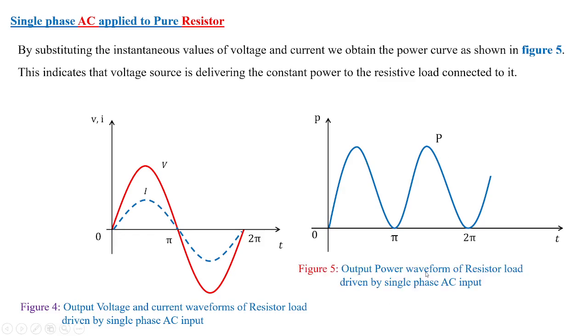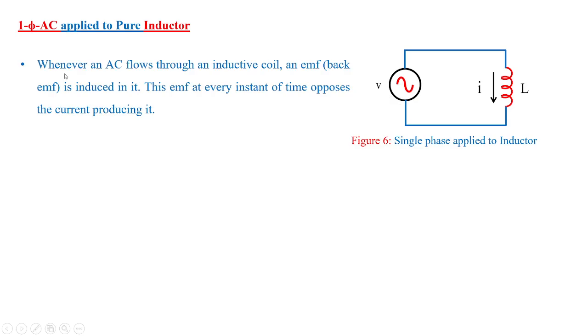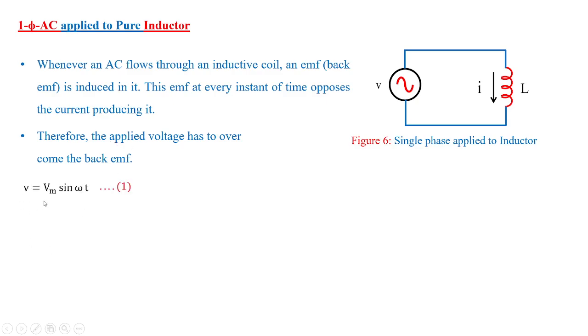Now, once we are done with the pure resistor, let us focus on the pure inductor, where the supply input is an AC input, and this AC input develops a back EMF. The input is Vm sin omega t, but the voltage across the inductor, from Faraday's law, is given by L di by dt.